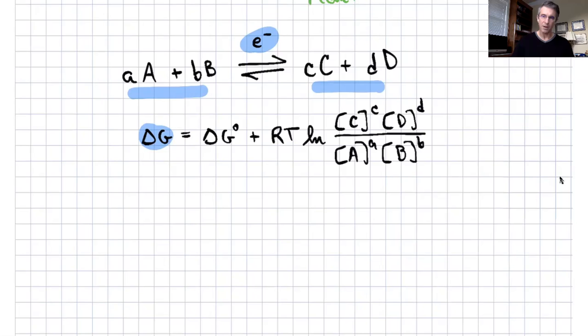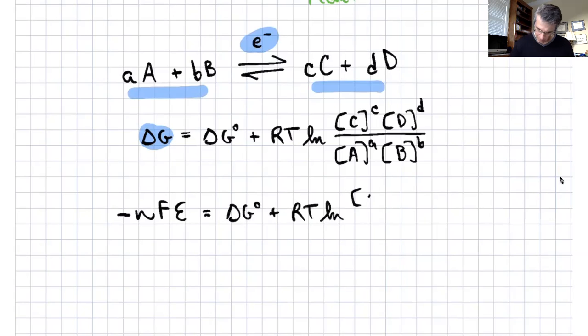That means we can equate these two, so that minus N times Faraday's constant times whatever that electric field potential is between the two parts of this reaction has to be equal to delta G naught plus RT log of our chemical species distribution ratio here, right?